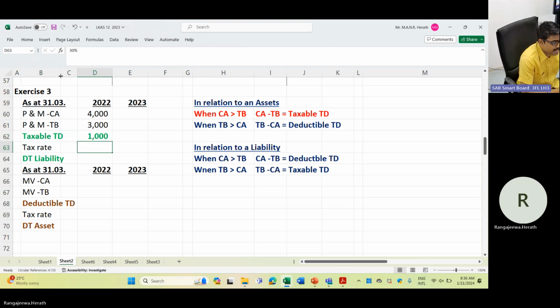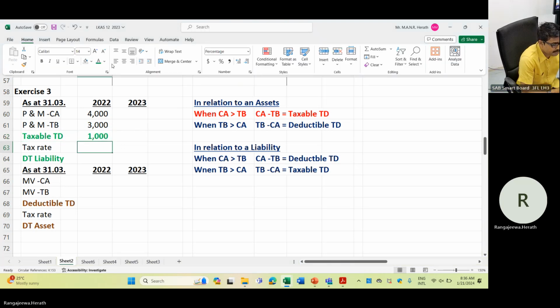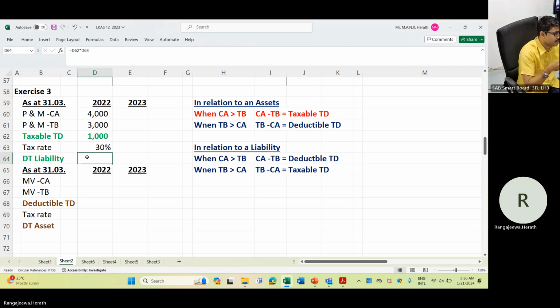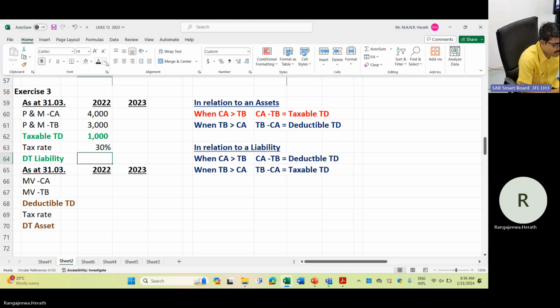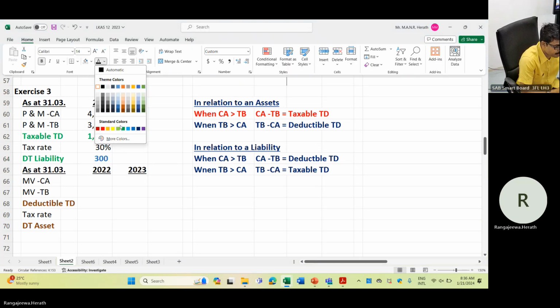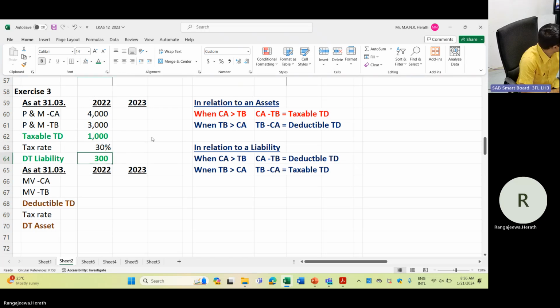Then multiply it by the tax rate 30%. So you get the deferred tax liability.